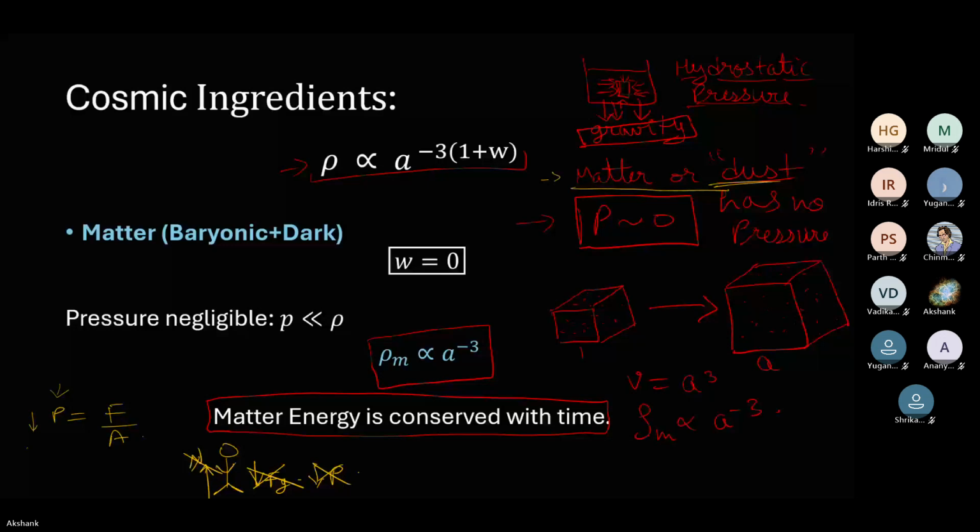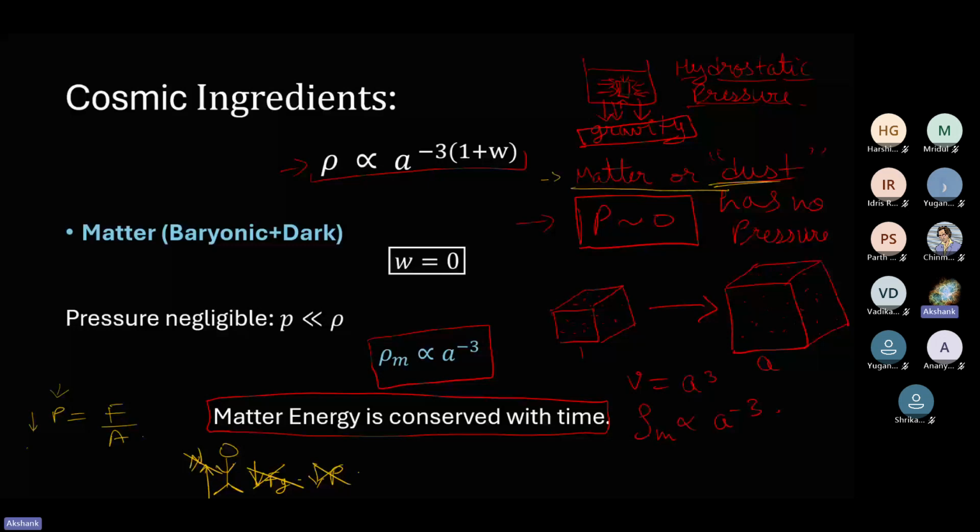But there is no inherent pressure between these two objects. If there is pressure, it happens because some force is pulling them together, either the electromagnetic force or the gravitational force. Naturally, these matter particles will not exert pressure on each other.